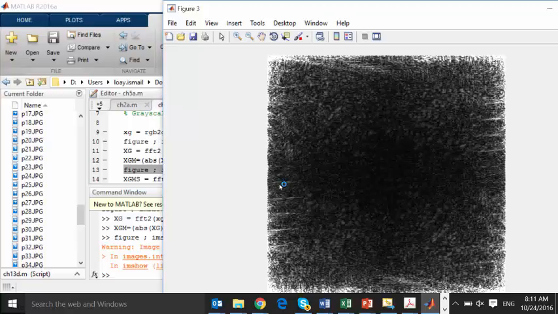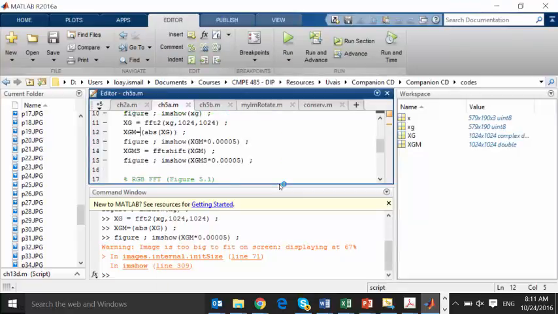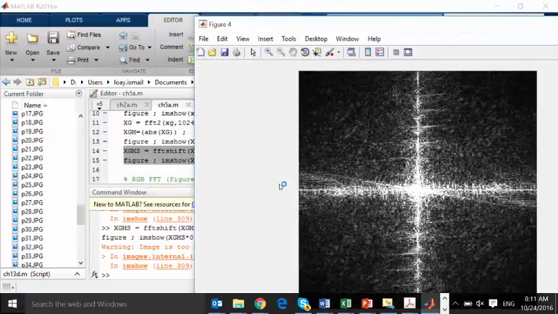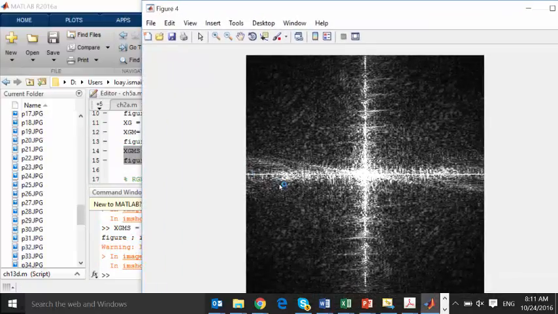The result of this swap puts the zero frequency at the center, and as we go away from the center, the frequency increases. So this function is called fftshift, and this is the result of its display. As you can see, at the center, the bright part corresponds to the low frequencies, and as we go away from the center, the frequency is increasing.